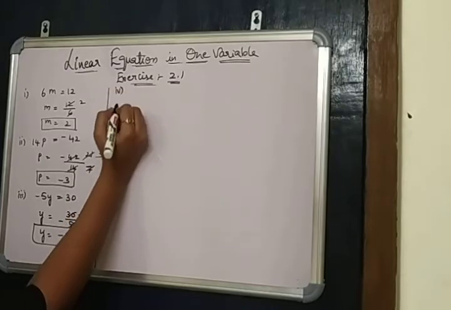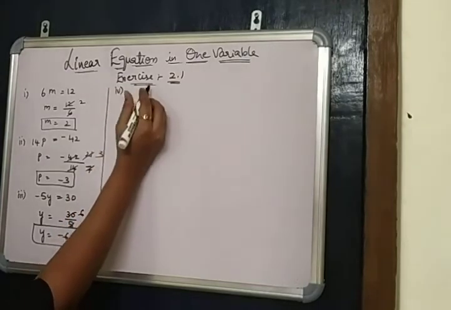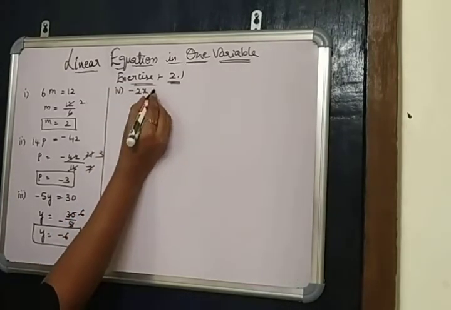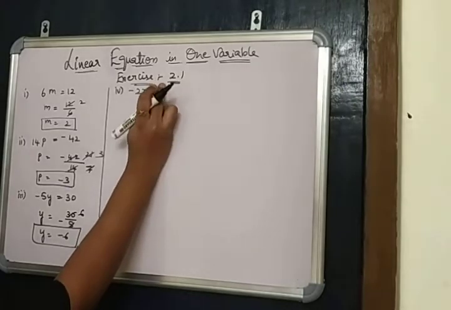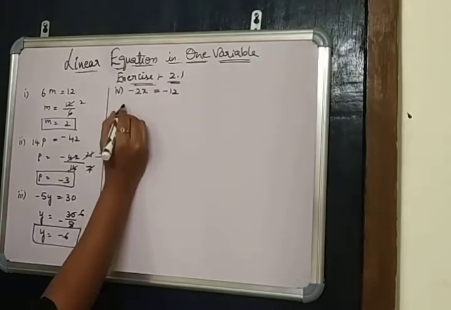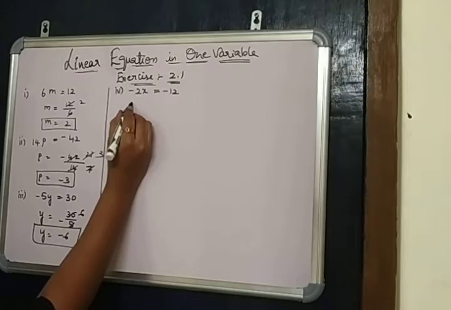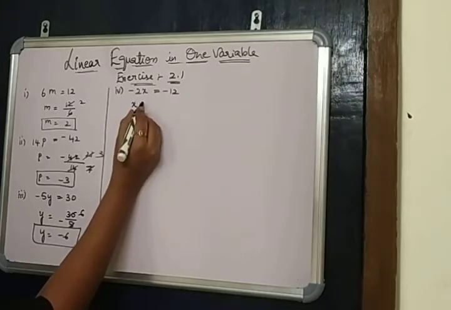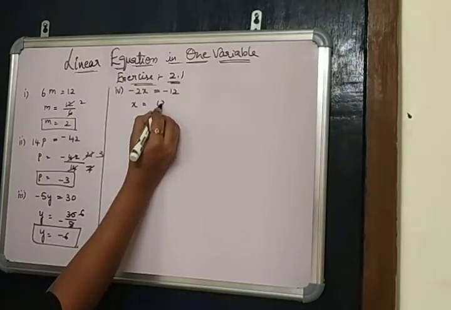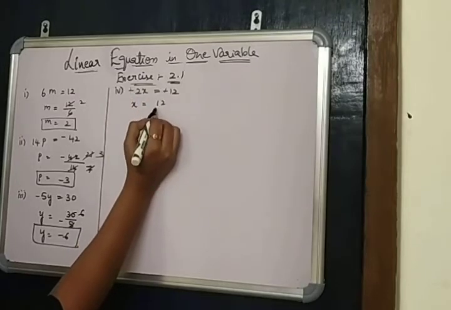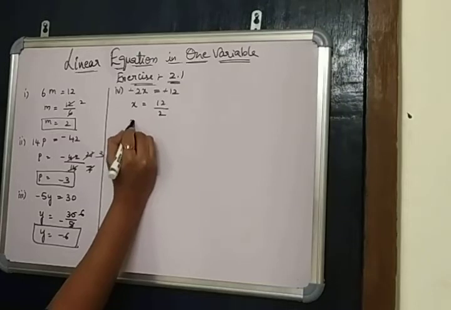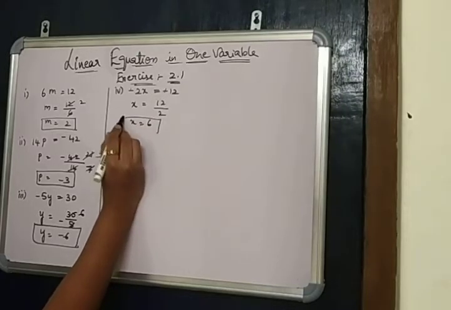Fourth one, -2x = -12. Minus minus gets cancelled, where x = 12 divided by 2 after transposing this 2 to the right hand side, so x = 6.